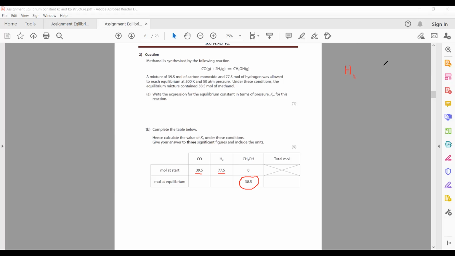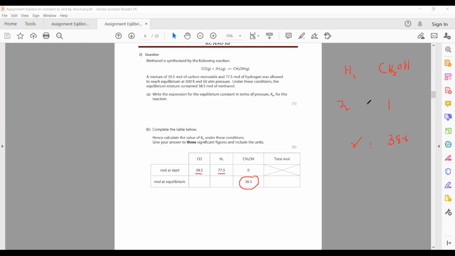So we first have to find the reacted moles. How to find the reacted moles? By taking the simple ratio, 2:1 according to the equation. If we have 38.5 moles, then this will be X. Cross multiply: 38.5 multiplied by 2.